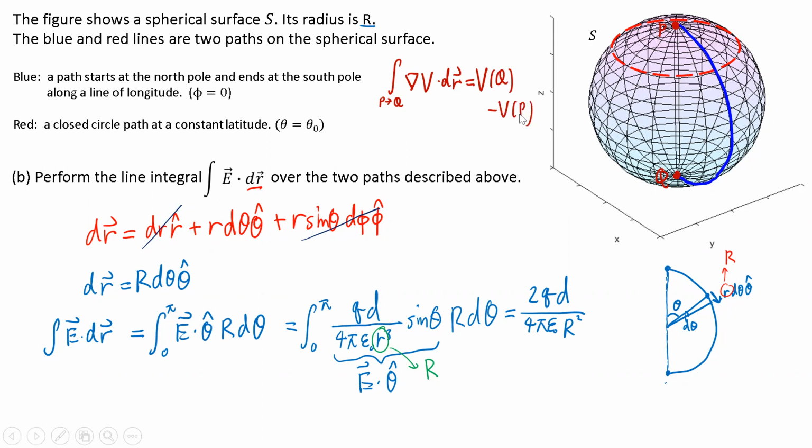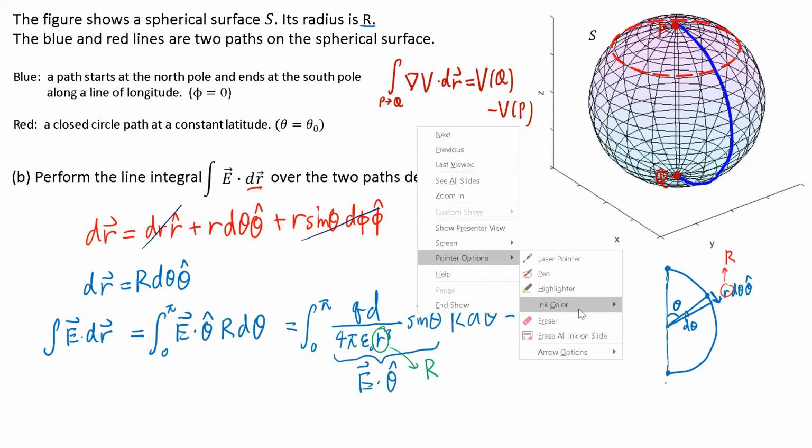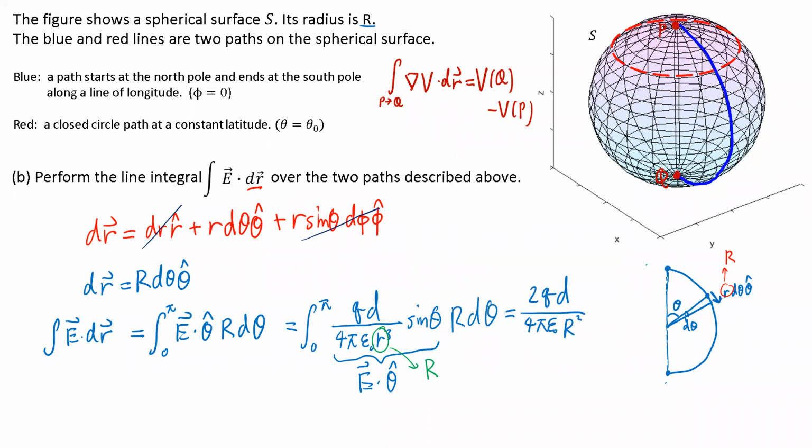So this is in the first part of the chapter. Now we are basically doing this, but of course we are off by a minus sign, because I'm doing minus gradient V instead of gradient V, but that doesn't matter. Let me just put a minus sign here.